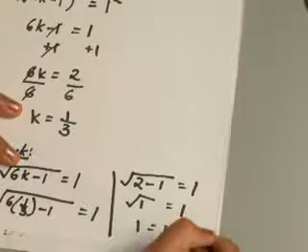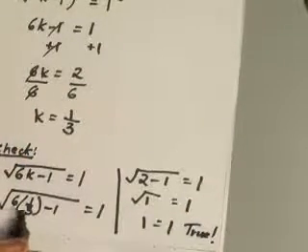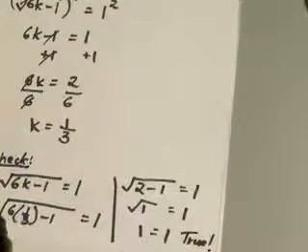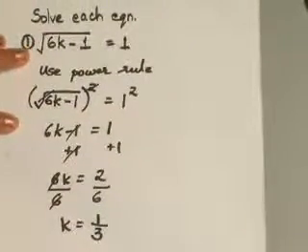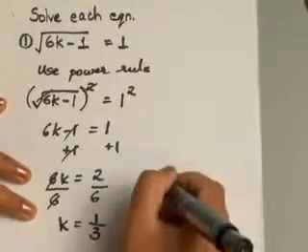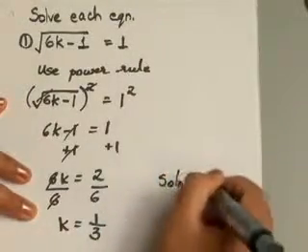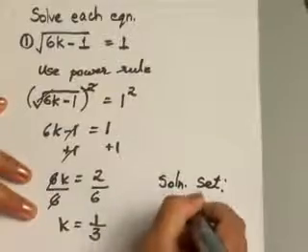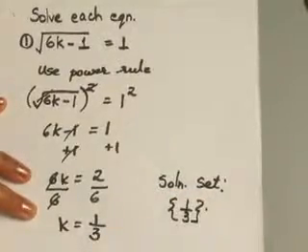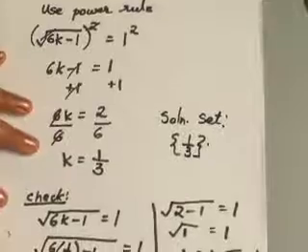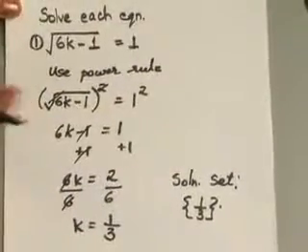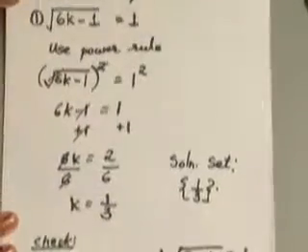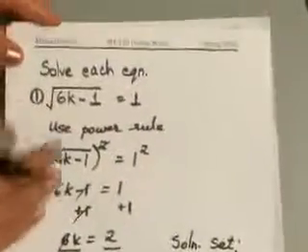So you end up with a true statement, and that tells you that 1/3 is indeed the solution to your original equation of square root of 6k minus 1 equals 1. So you can say your solution set will be the value 1/3. You can see it works out really well once you use the power rule and get rid of that radical sign, and then you can find the solution to your unknown variable.